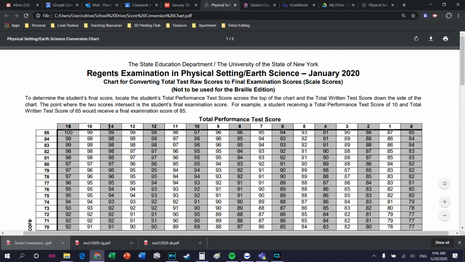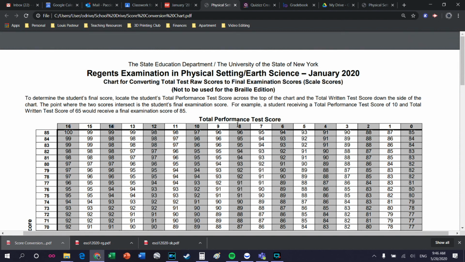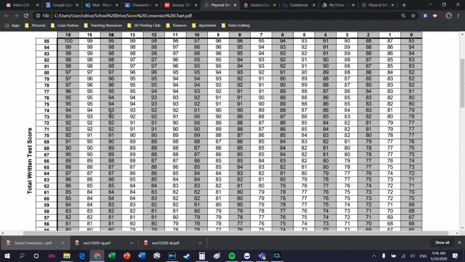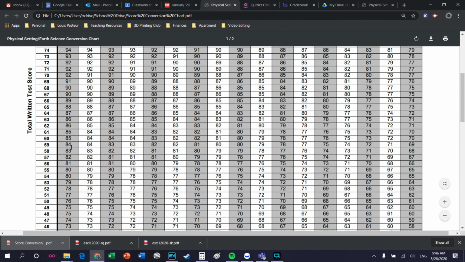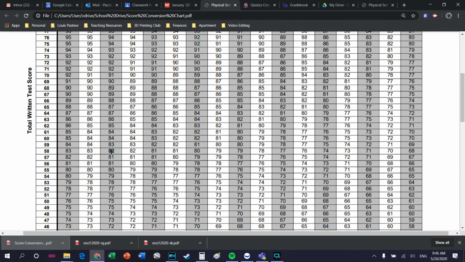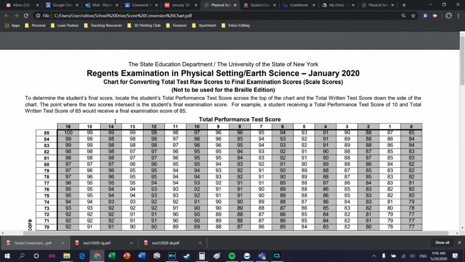So if you want to just do the median, if you want to assume a performance test score of 14, you do 14 and you find that for me, it's 58. So there it is, 82. That's my final score. Okay. So that's how you calculate a final score. We're just going to assume 14. And that's a perfectly reasonable assumption, honestly, for any student, because the performance test is very, very easy.